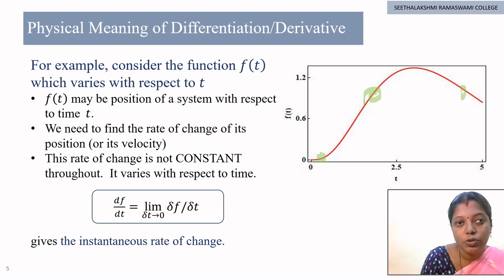Here the function is actually increasing, but in this part the function is actually decreasing. So the rate of change is positive at this point, and negative at this point. This makes clear that the rate of change is not constant throughout the path, it is varying at every instant.